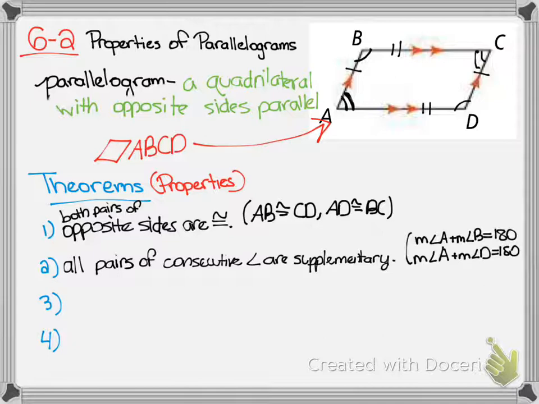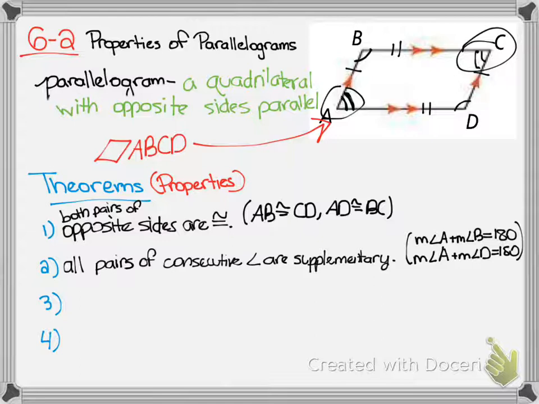Which kind of leads us into the next little theorem that uses parallelograms. If all consecutive angles are supplementary, so for instance, A is supplementary to D, but C is also supplementary to D. That means that A and C have to be the same measure. They have to be congruent.